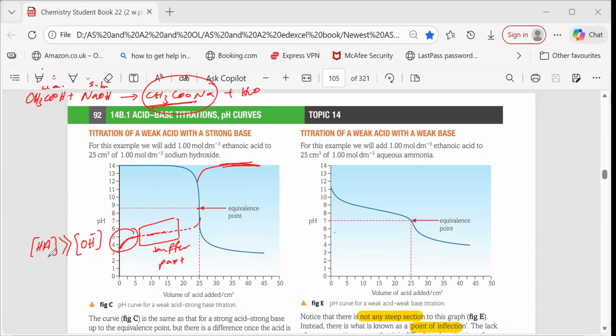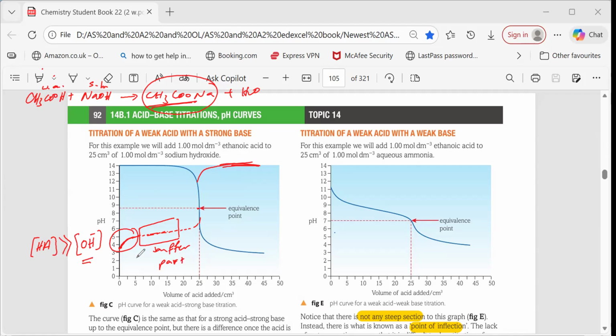We are still having a high concentration of the acid. We didn't reach the buffer region yet. So any addition of the hydroxide ion will cause a rise in pH. The pH will be greatly affected because we didn't reach the buffer part yet.